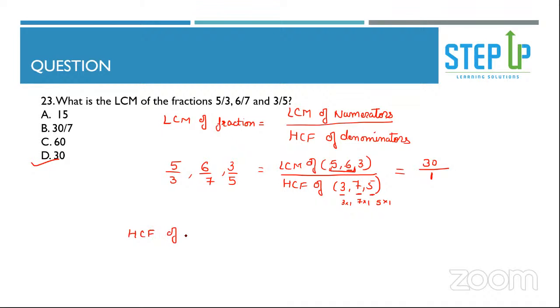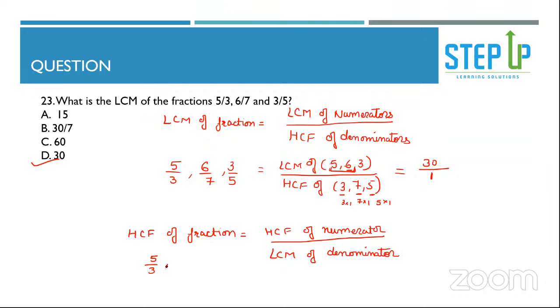Similarly, if we have to calculate the HCF of fractions, the HCF of fractions is equal to the HCF of numerators upon the LCM of denominators. So if we had to calculate the HCF of the same fractions, 5 by 3, 6 by 7, 3 by 5, we would have done the HCF of 5, 6, 3 and the LCM of 3, 7, 5.